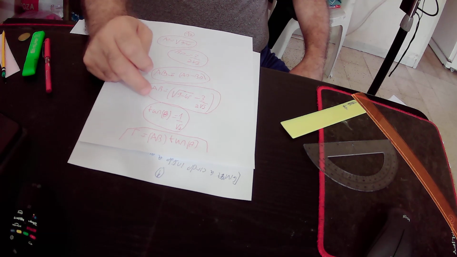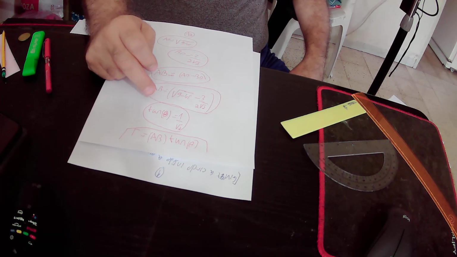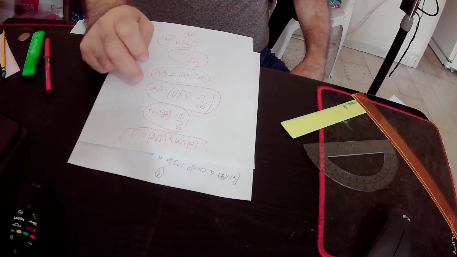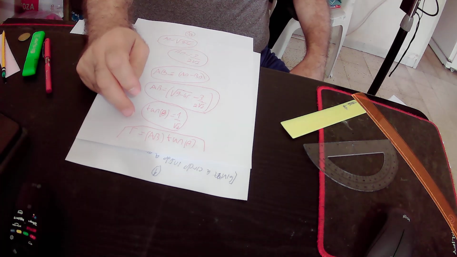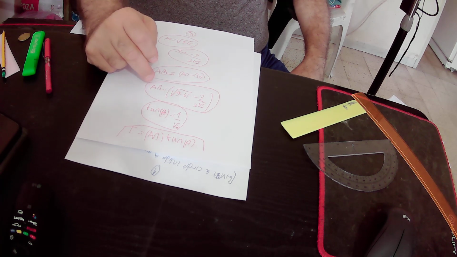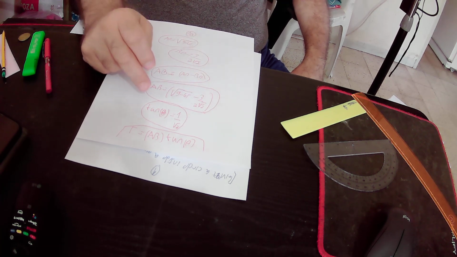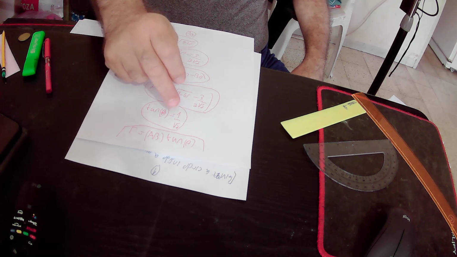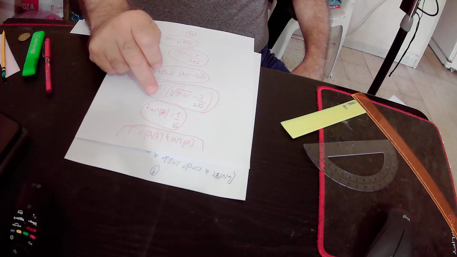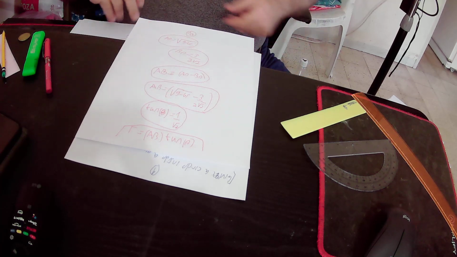And we have already found out that tangent θ equals 1 over root 2. And we have the equality that states that r equals AB times tangent θ. We found out that the value of AB is this expression and tangent θ equals 1 over root 2, so we can substitute AB by this expression and tangent θ by 1 over root 2.